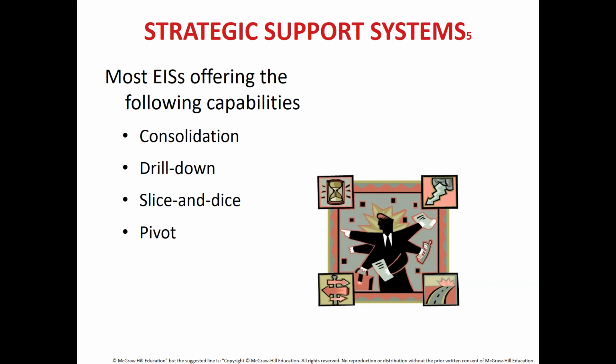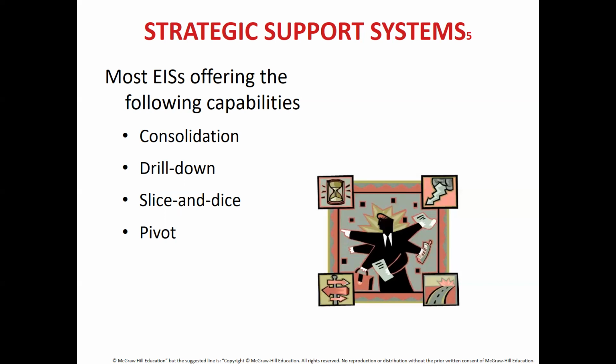You have consolidation. The term consolidation basically means you combine something together, you join something together. It involves the aggregation of information and features. So consolidation or aggregation means you join something together, you sum something up, or it's a collection of something.